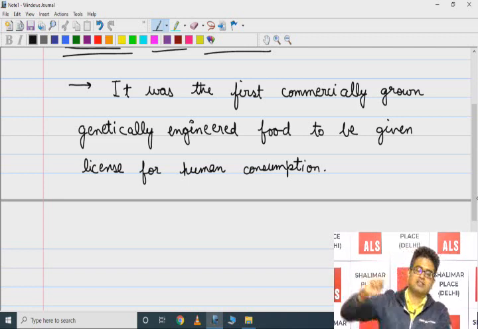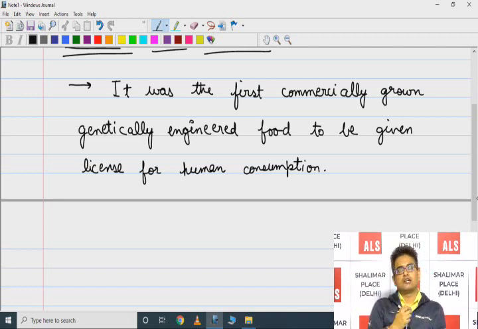So what is that thing which makes tomato get spoiled so easily? This is not given in NCERT, still the question is coming. That is why I am teaching this.